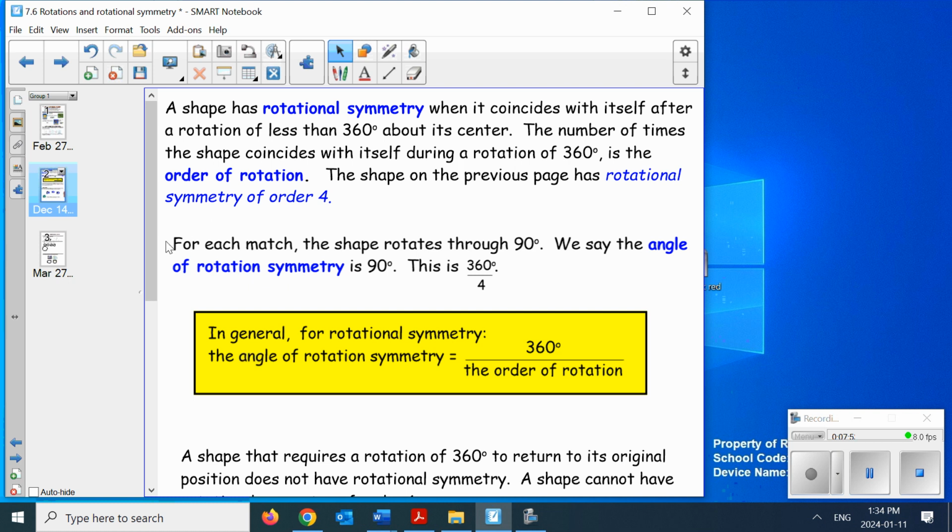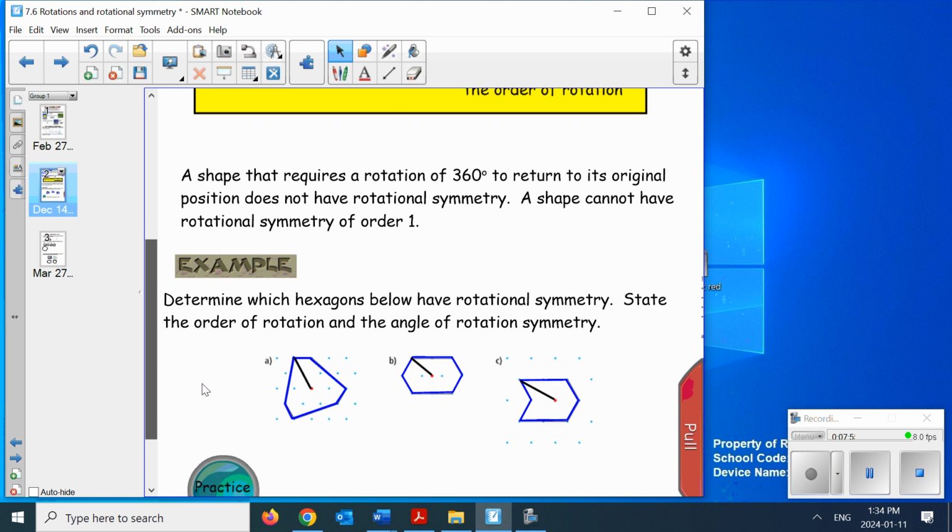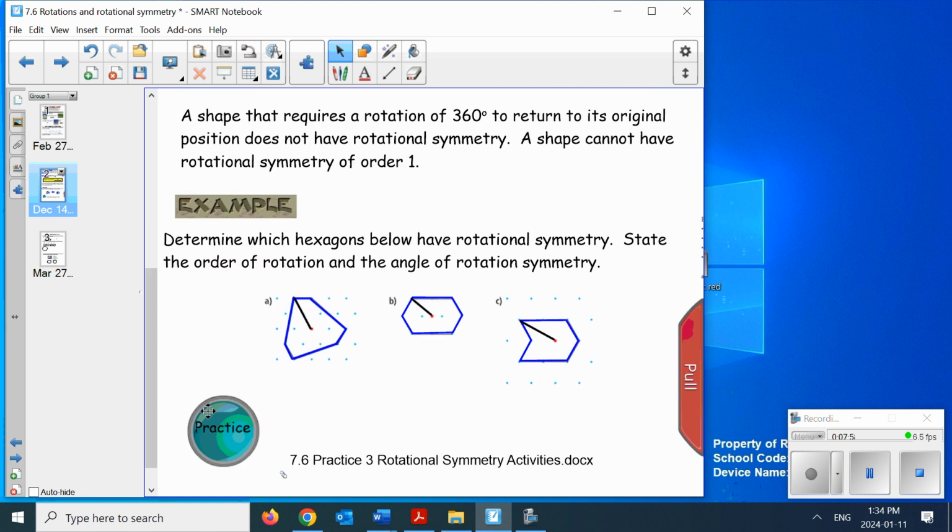A shape that requires a rotation of 360 to return to its original position doesn't have rotational symmetry, so we can't use order 1.